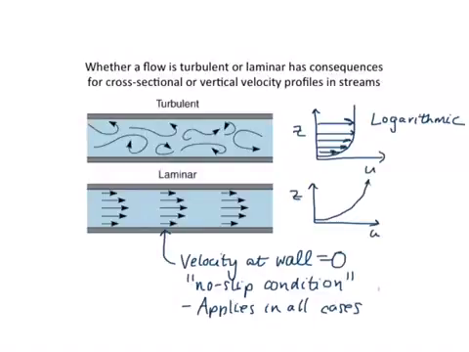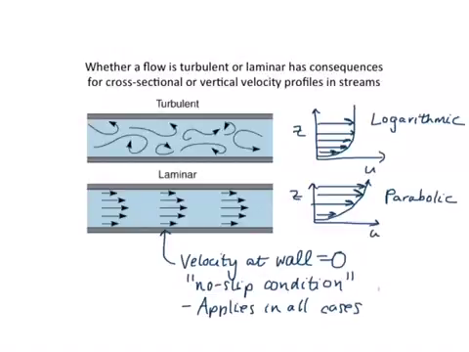And so with laminar flow, velocity continues to increase fairly steadily as you move away from the wall. So this is parabolic. Now, most natural streams do have turbulent flow. One exception is the Everglades, where I work, which has laminar to transitional flow.